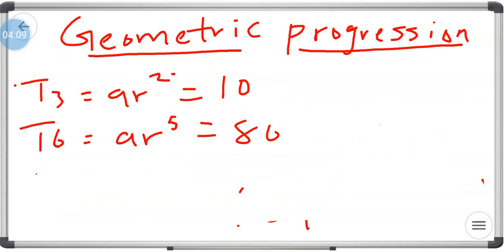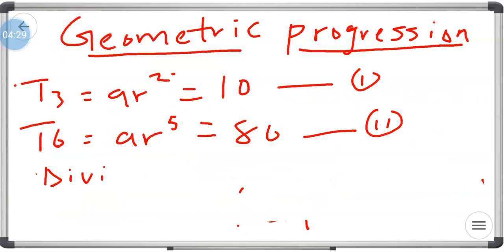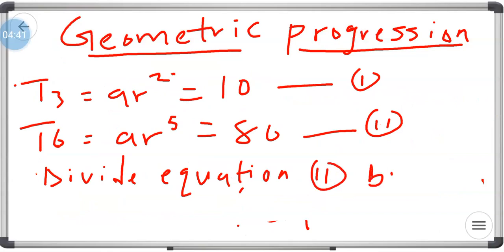So having done that, here we now have two equations. We have equation 1 and equation 2. From here we can divide equation 2 by equation 1.